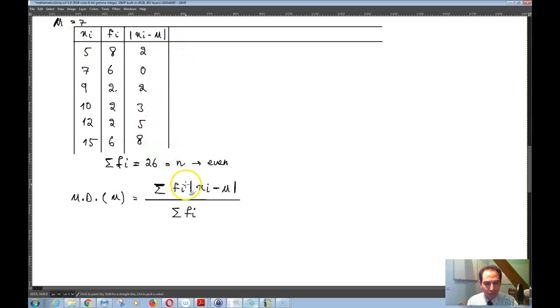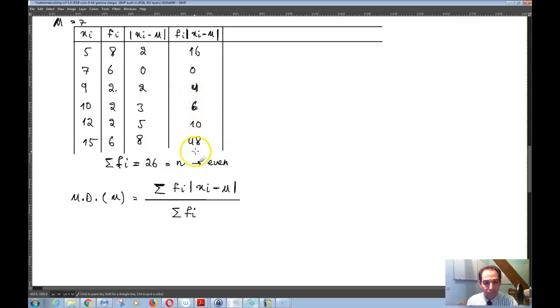And then you want to multiply f of i by this expression. So f of i times the absolute value of x of i minus m gives 16, 0, 4, 6, 10, and 6 times 8 is equal to 48.